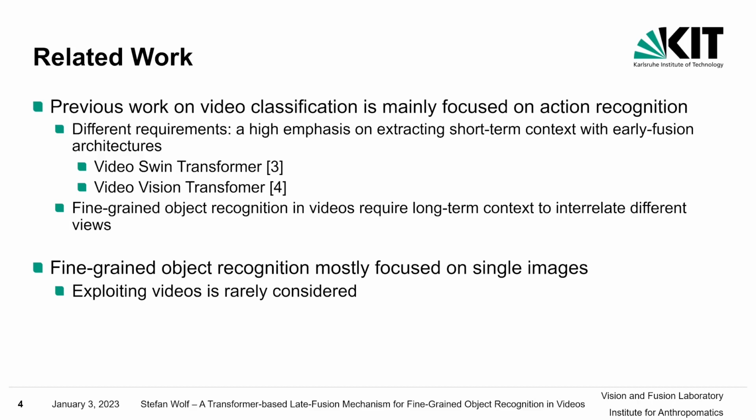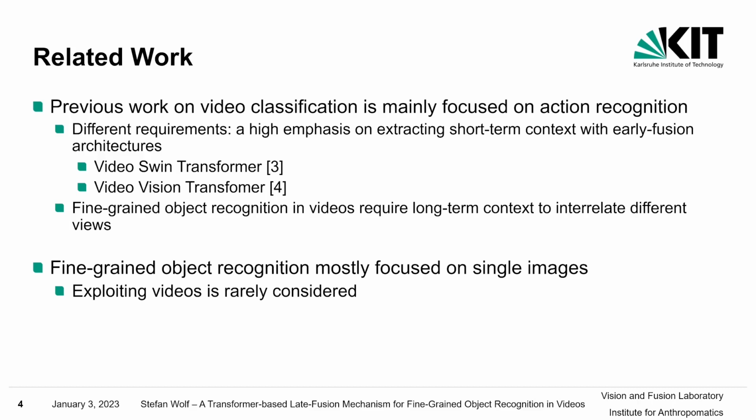So images have only small differences and they can be interrelated early in the classification architectures. Two recent examples of such architectures are the Video Swin Transformer and the Video Vision Transformer. However, as we will see, this is inappropriate for fine-grained object recognition in videos, since here we want to have different views and extract long-term context of a video.